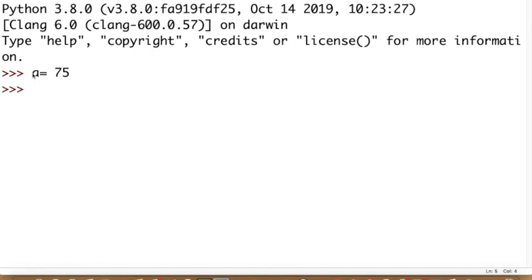Now let us go to the next step, which is A plus equal to 6. Now what does this step do? Let us see the result of A after this step. It is 81.